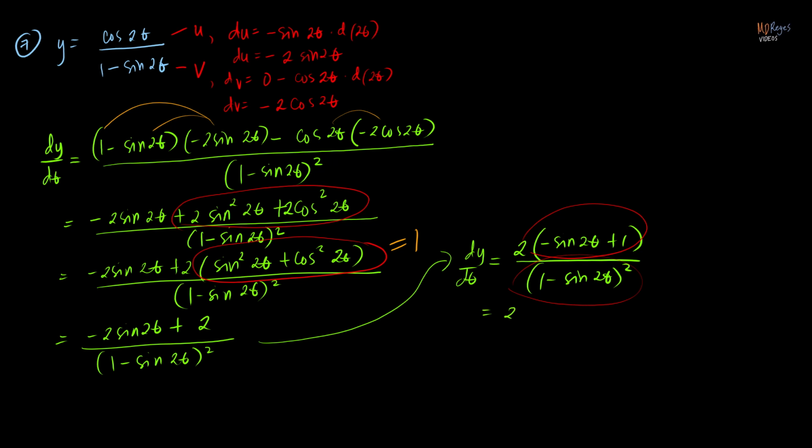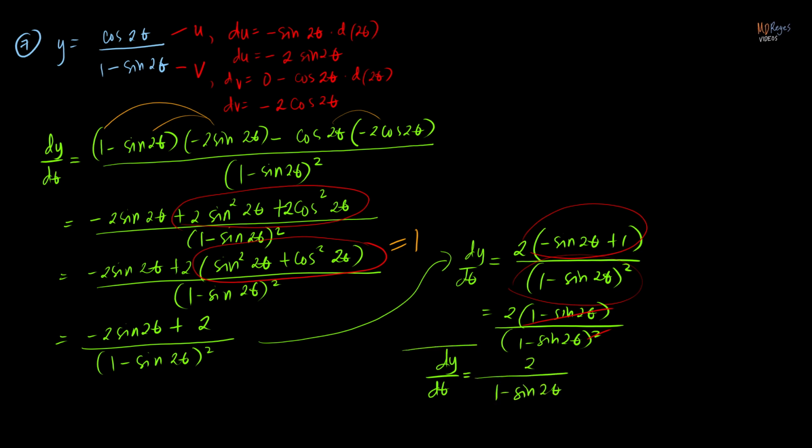If I rewrite, that's 2 times 1 minus sine 2 theta over 1 minus sine 2 theta quantity squared. We can divide them because they have the same base, and then just subtract the exponents. So this will be cancelled out, and the exponent in the denominator becomes 1. So the simplified form of the final answer is dy over d theta equals 2 over 1 minus sine 2 theta. This is the derivative of y with respect to theta.